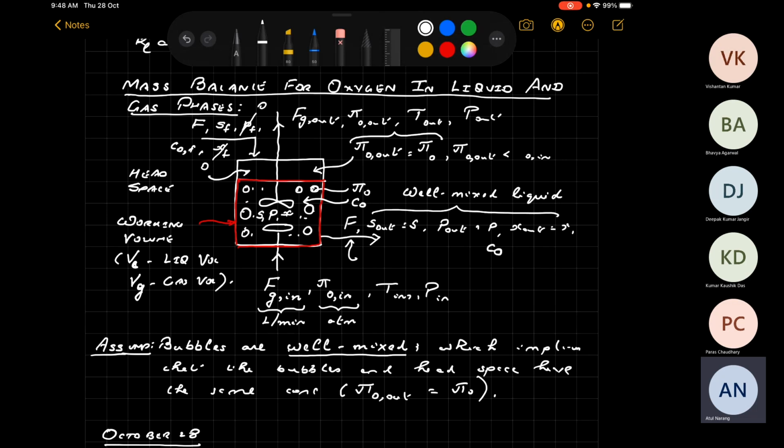So maybe I could even write down CO out is equal to CO, right? So this is another attribute or property that results from good mixing.